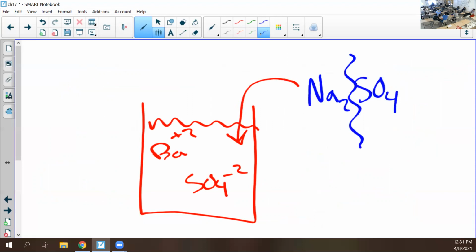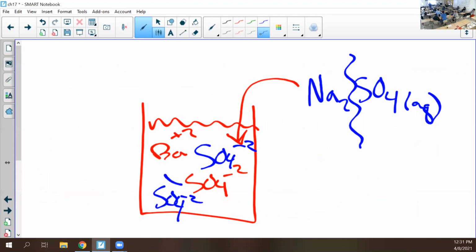This is extremely soluble, so it breaks apart pretty easy. That means there's now a ton of SO4 everywhere. So there's not enough room. So what it does is it forces the Ba to attach to BaSO4 and becomes a precipitate at the bottom.